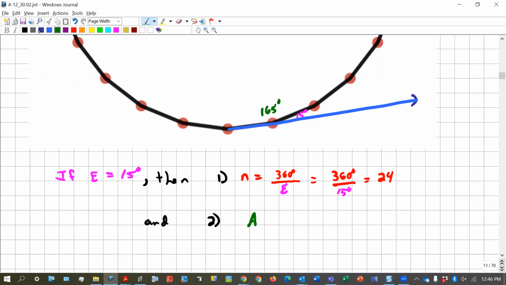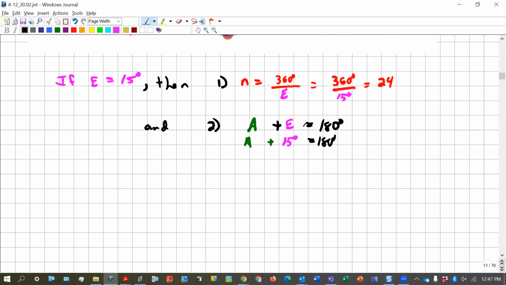And since the interior angle plus the exterior angle make a linear pair, they have to be supplementary. So if the exterior angle is 15 degrees, if we subtract that from both sides, that gives us 165 degrees.